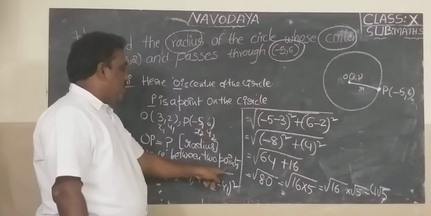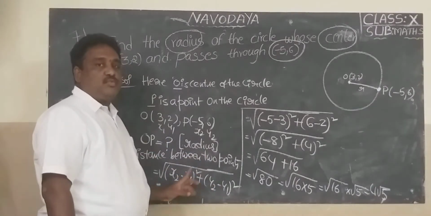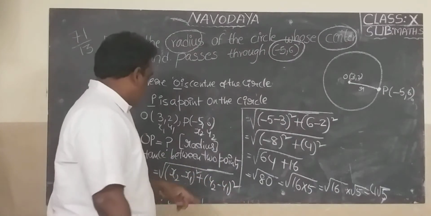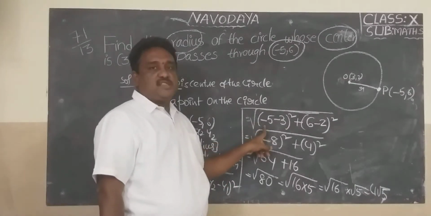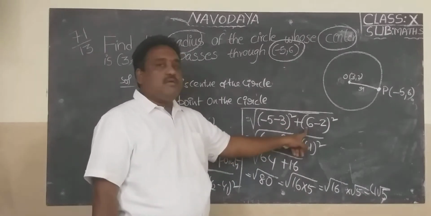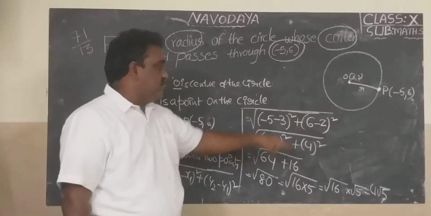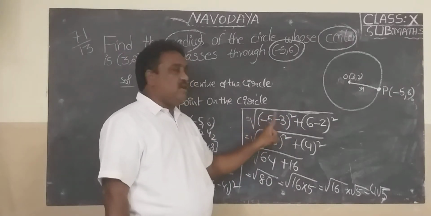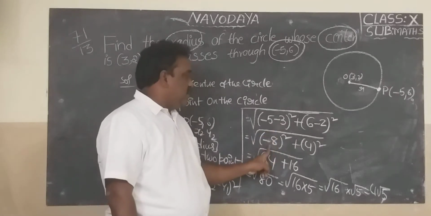The distance between 2 points formula: root of (x2 minus x1) whole square plus (y2 minus y1) whole square. What is x2? Minus 5. What is x1? 3, whole square. Plus, what is y2? 6 minus, what is y1? 2, whole square. What is minus 5 minus 3? Minus 8, whole square.